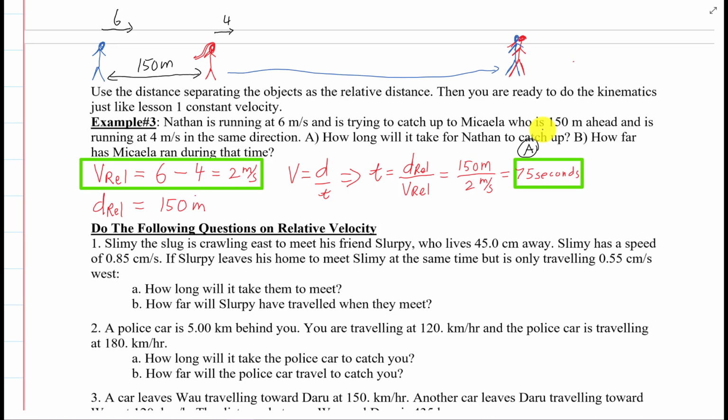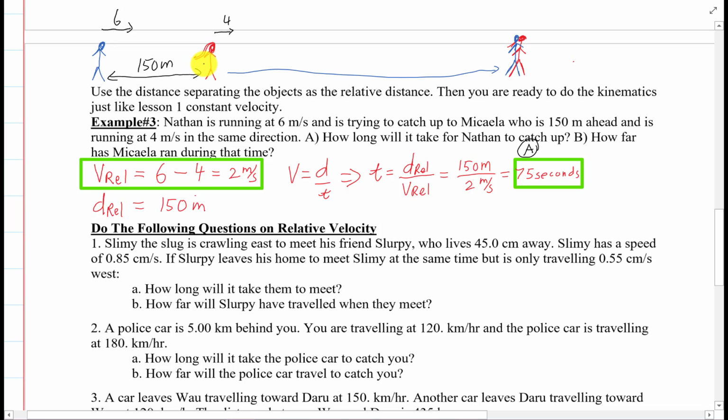Okay? Why is that the answer to A? Well, that's how long Nathan took to run the 150 meter separation between them at a relative speed of 2. He was 2 meters per second faster, and he had to catch up 150 meters.